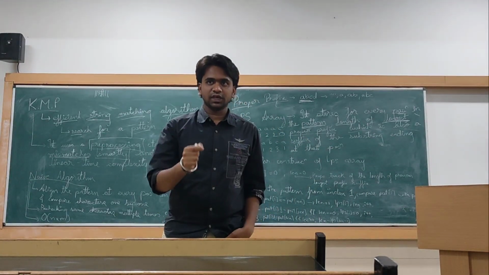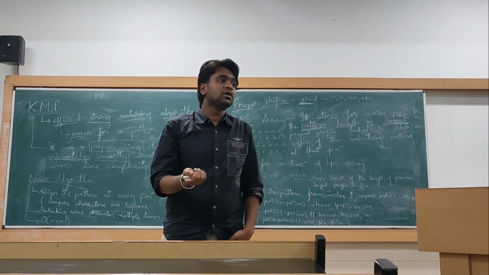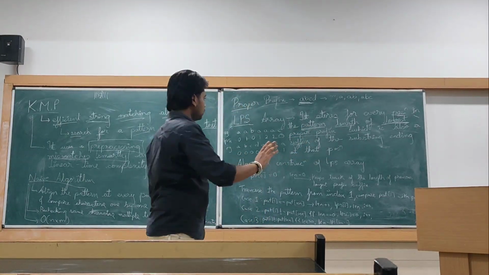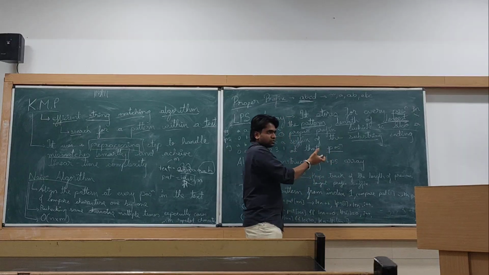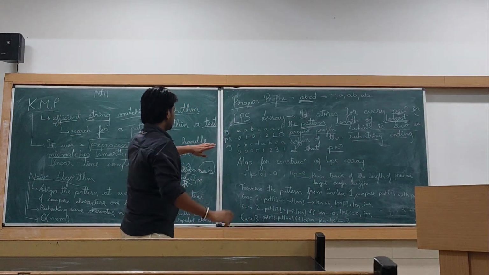At every position in the array, it stores what? The length of the longest proper prefix which is also a suffix of the substring ending at that position. Let us see this.